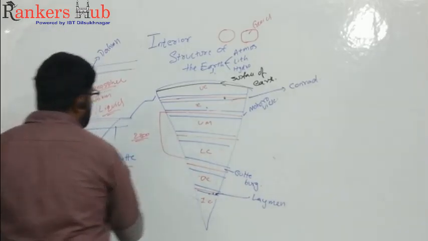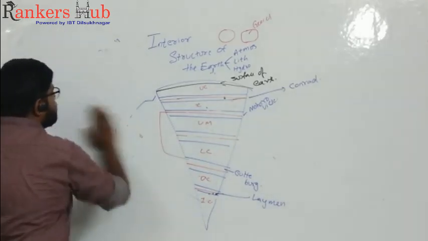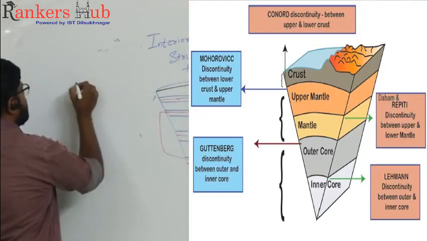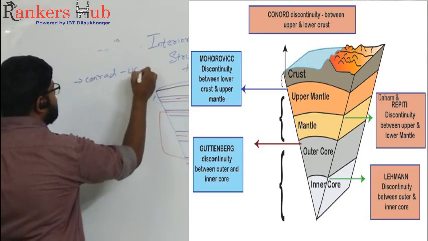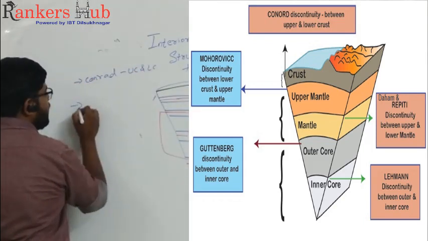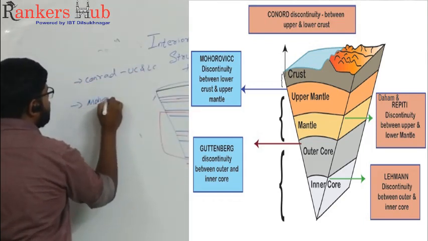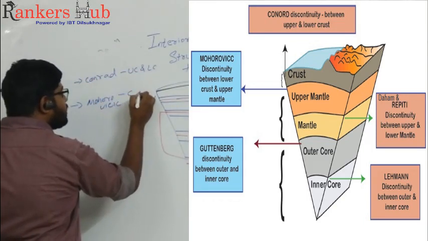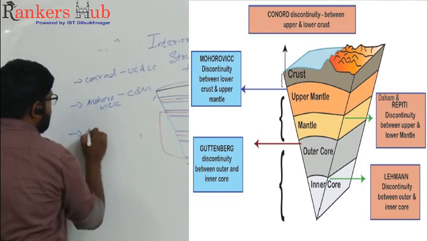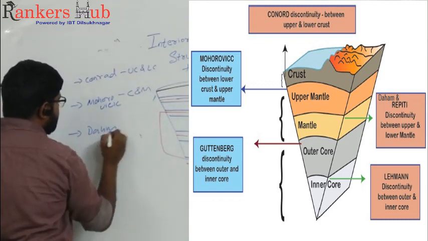If we write all the discontinuities in top to bottom order, they will be like this. First one will be Conrad. Conrad is between the upper crust and lower crust. Second will be Mohorovičić. Mohorovičić is between crust and mantle. Third will be Daham.